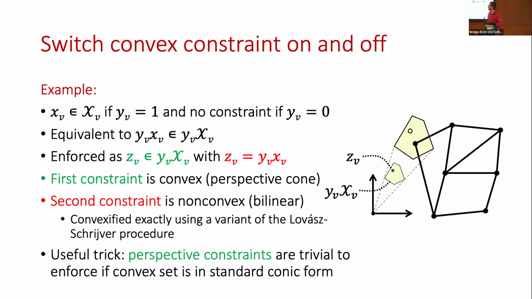A cool thing that I've learned by digging in the CVXPY code base is that constraints of that form, where a variable is a non-negative scaling of a convex set, can be easily and efficiently enforced. If you just multiply the offset term by a binary variable, you get your perspective set. That's actually also explained from this perspective.